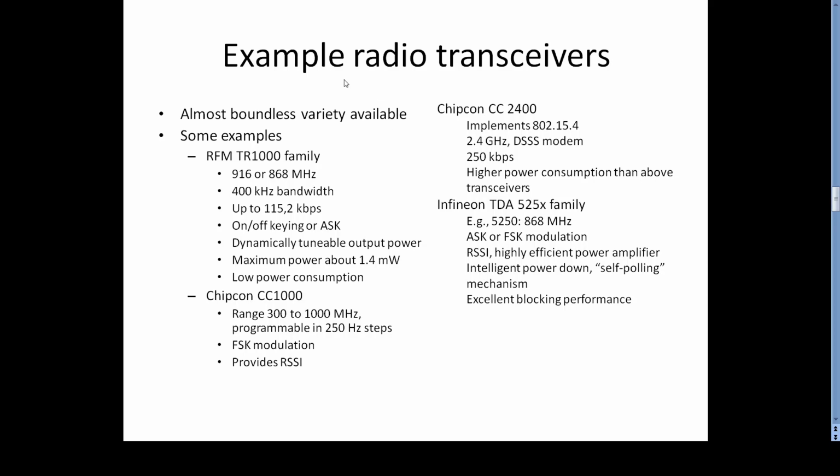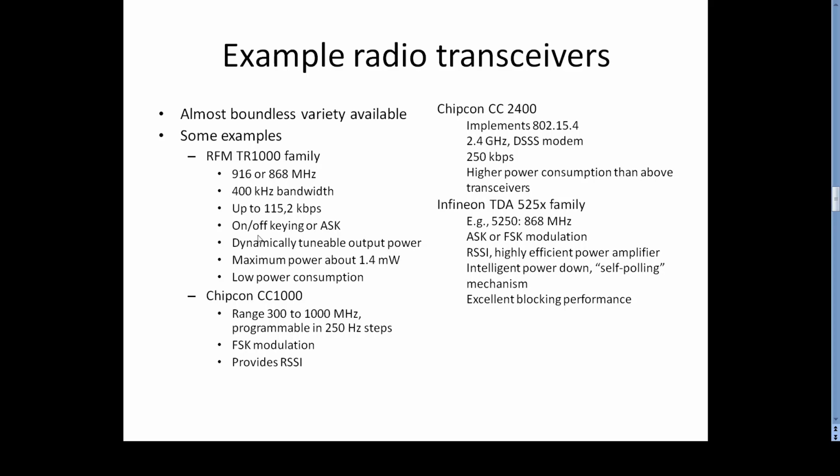So here we can see example radio transceivers. There are several radio transceivers available. Some of the examples, we have the RFM TR1000 family. This has a frequency range of 916 or 868 megahertz, 400 kilohertz bandwidth, and it supports up to 115.2 kilobits per second.